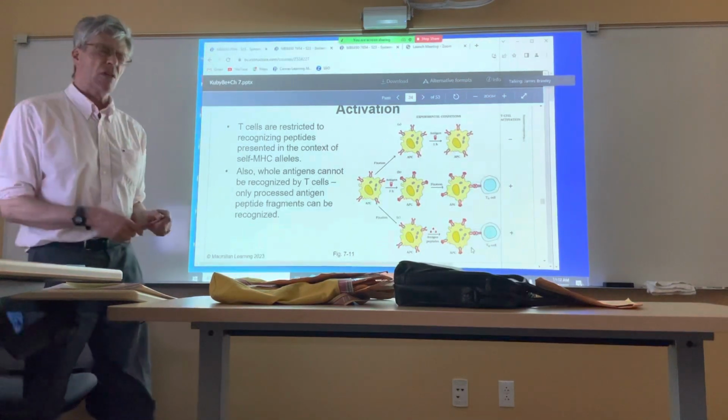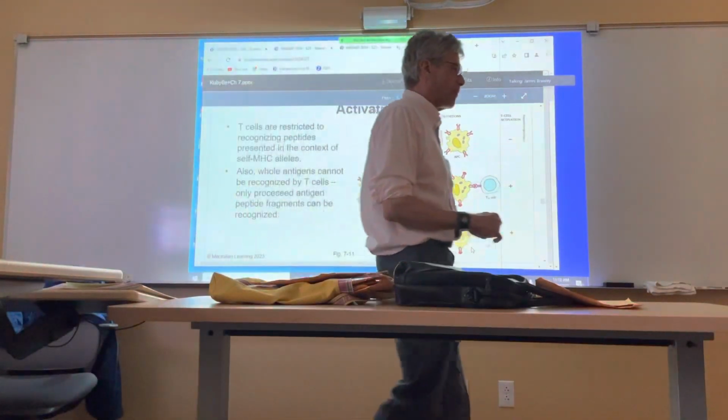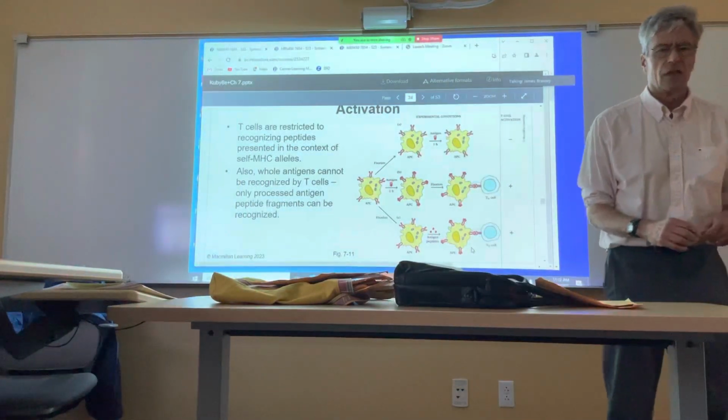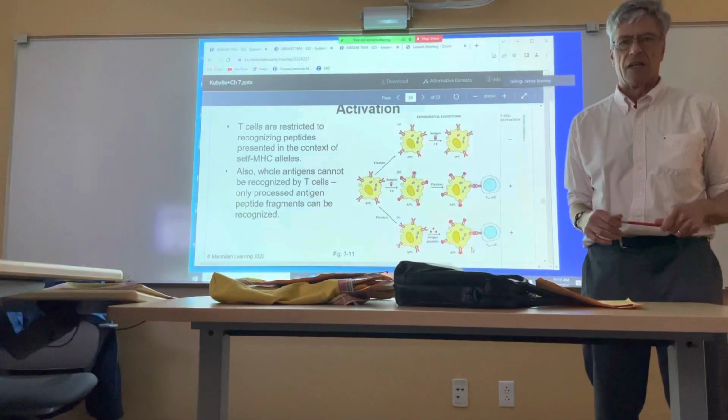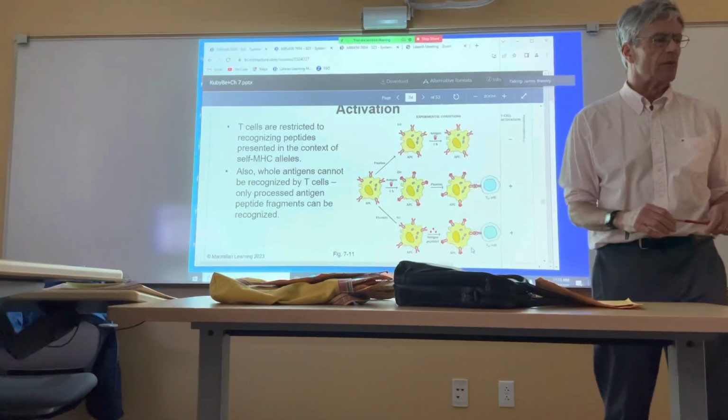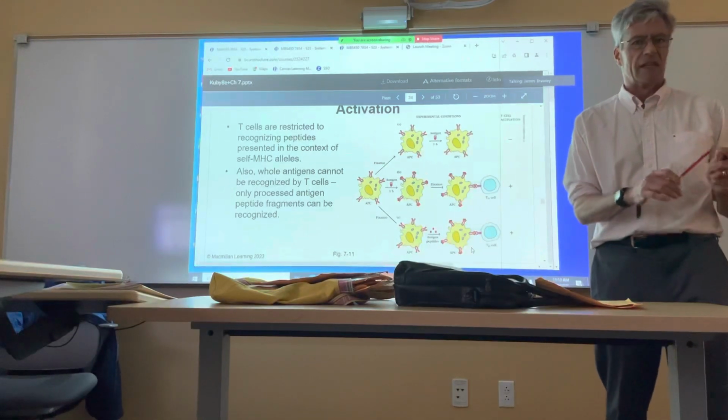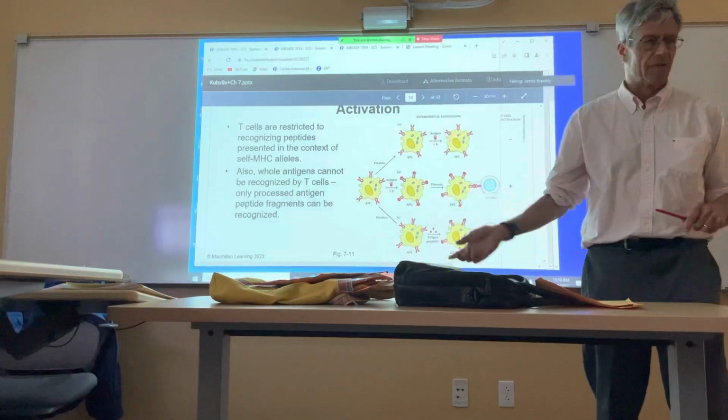That's an important point also experimentally, that people can add peptides to antigen-presenting cells and see the response. Okay, so you can test, does this peptide work or does this peptide work?